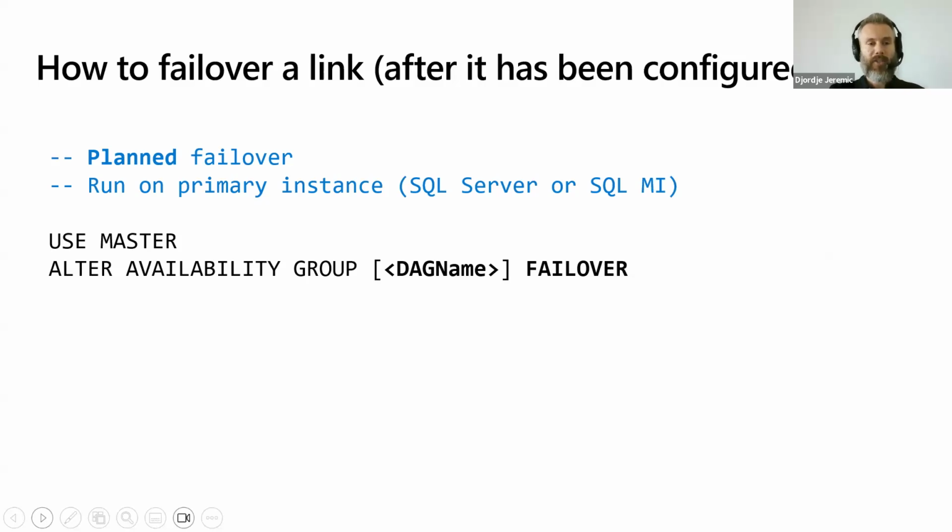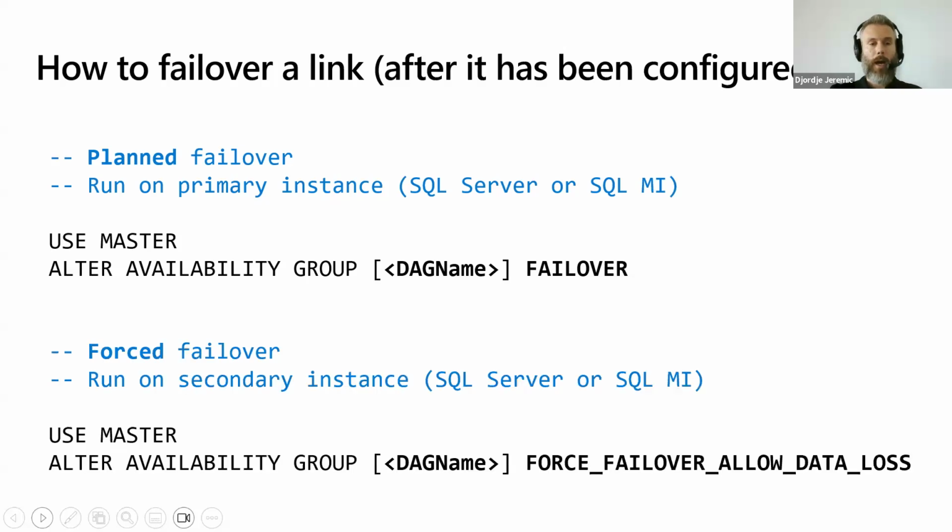One is planned failover, and the way to invoke it is to run this command, as simple as this, from a primary instance. It needs to be initiated on the primary instance, whichever it is. If you have a SQL Server to SQL MI link, then you have to execute this on SQL Server. If you have a link from SQL MI to SQL Server, then you can execute this on SQL MI.